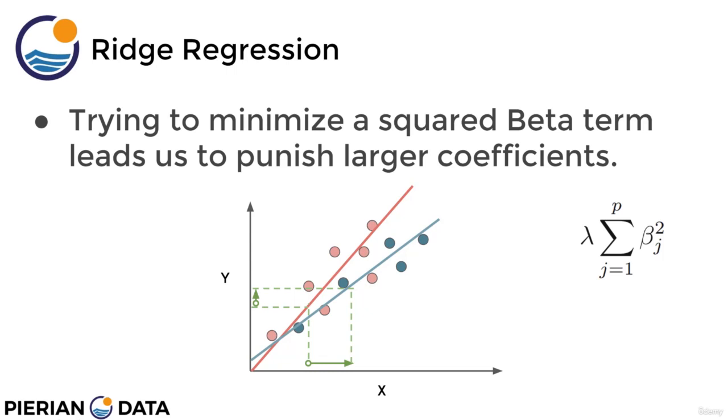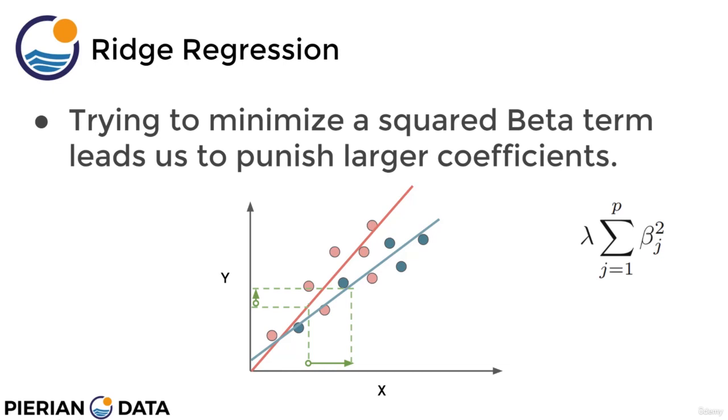It's going to punish those larger coefficients, which we can think of as punishing very steep slopes. And obviously, as you get to higher dimensions and more features, it becomes a lot harder to visualize this or even plot it out. But in the case of a single feature, we can hopefully see now that it's quite clear that if you're trying to minimize beta squared and beta j is directly related to a feature, that means you're trying to help minimize the square of the slope.